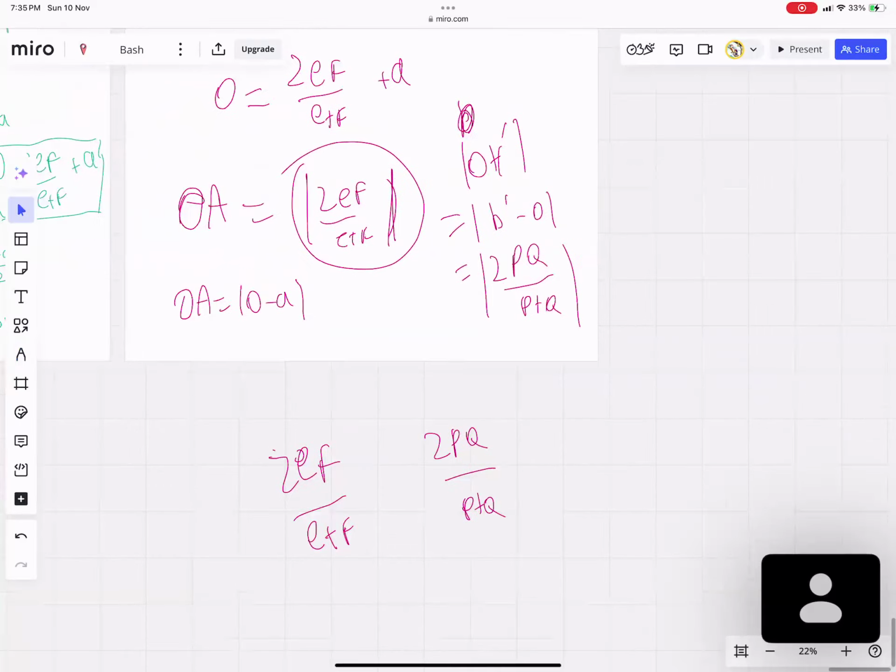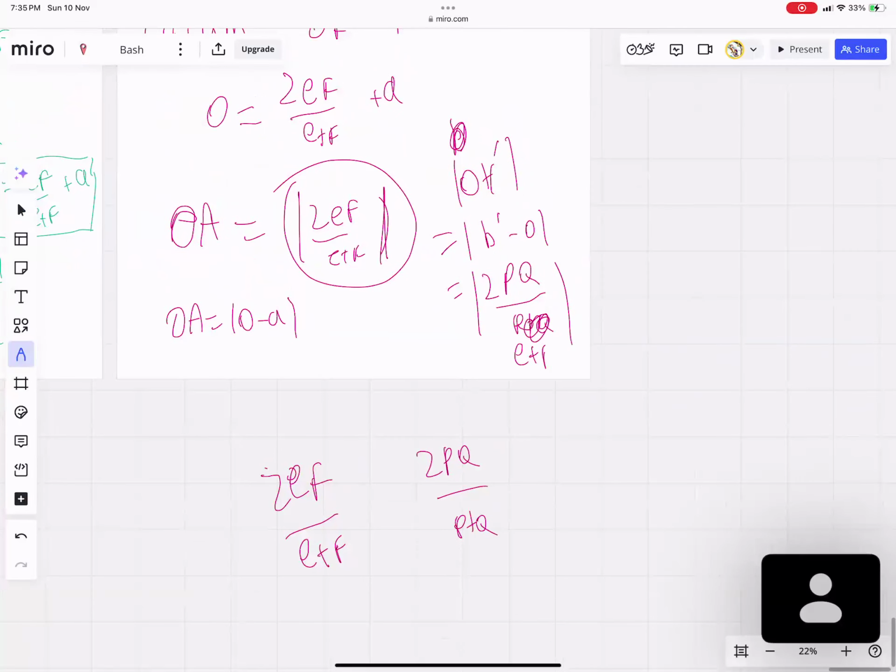No, this is my bad. This is P plus Q on the bottom. Do you see why these two have the same magnitude?